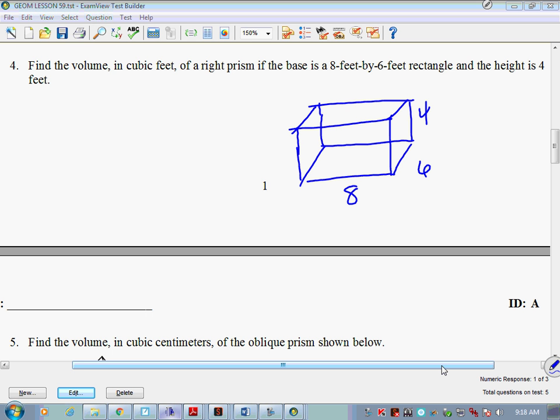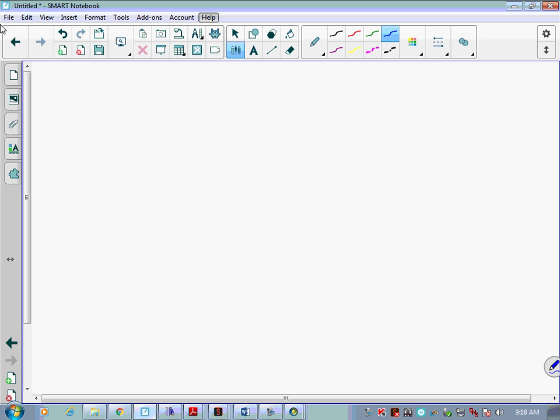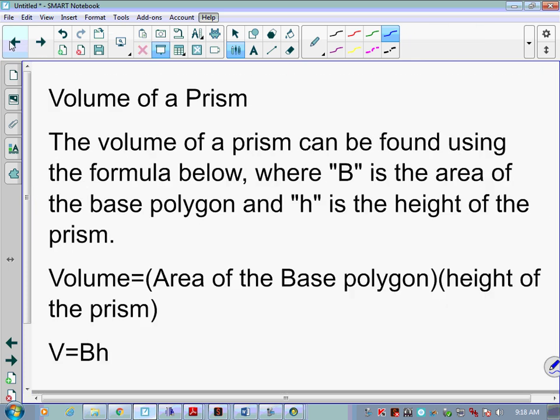All right, so a number of ways to do this, but in a prism, it's length times width times height. But if you'll remember our volume formula, let's go back and look at our notes and see if we can remember what that is. Volume of a prism is area of the base polygon times height.